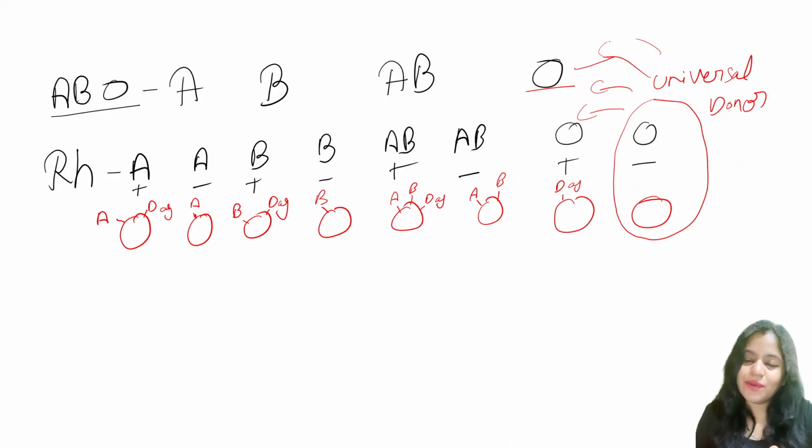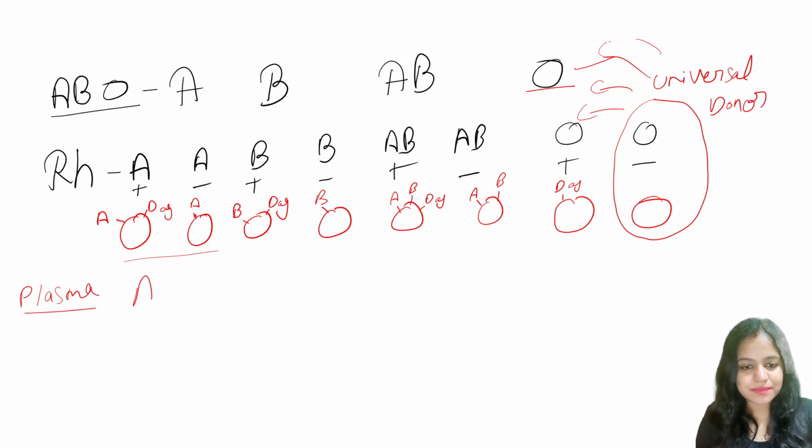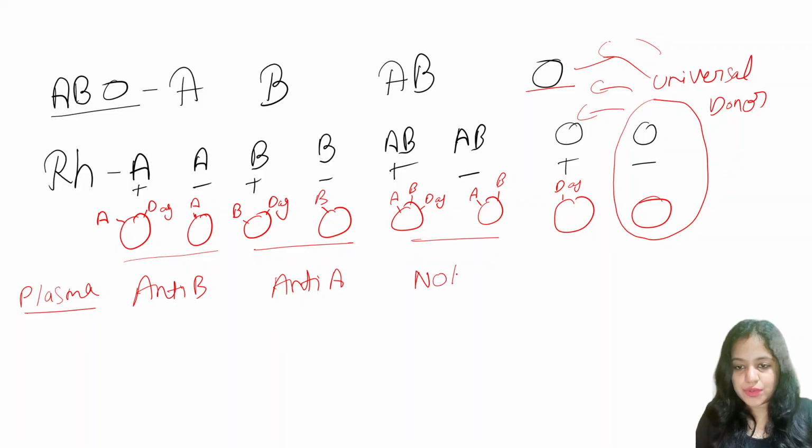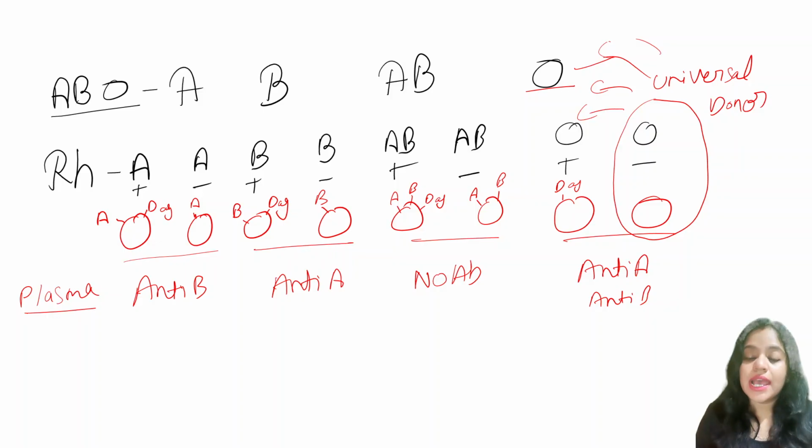Clear? Now let's talk about your universal recipient. Before that, let's see what antibodies are there in the plasma. For B there is anti-A, for A there is anti-B, for AB no antibody, and for O both anti-A and anti-B are present.